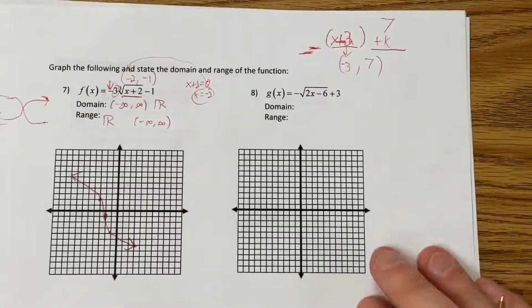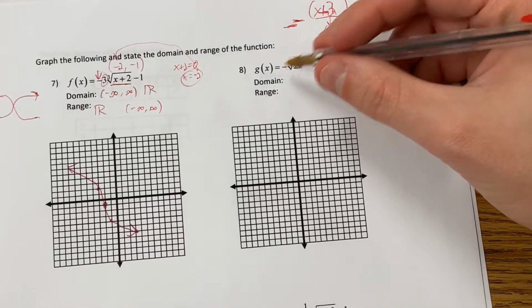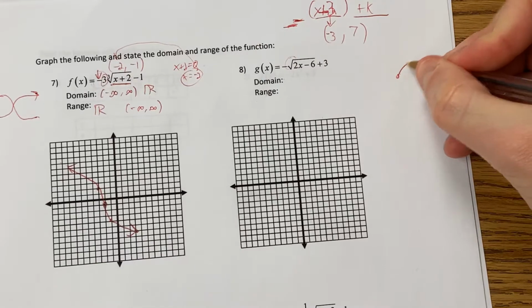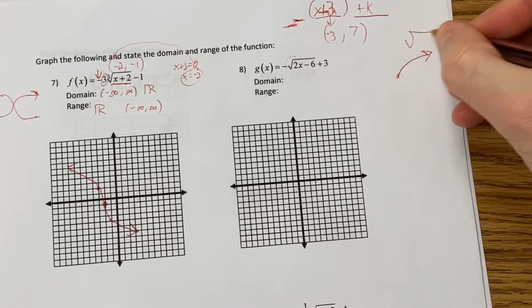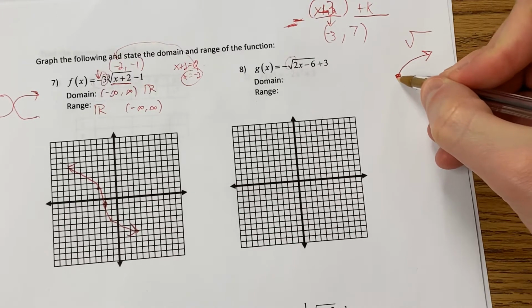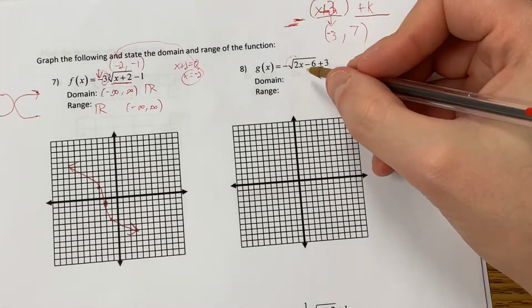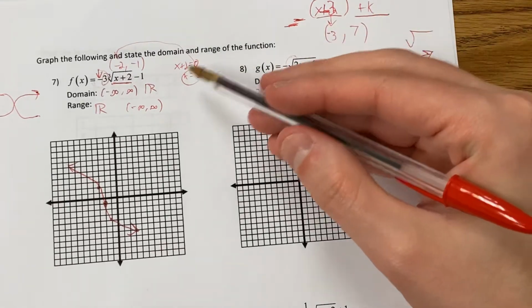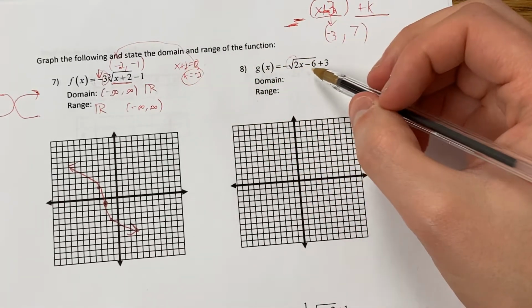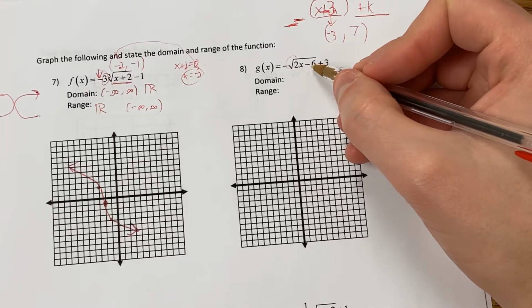Okay. So this one is a square root graph. Square root graphs look like this. So just write that as a note. Square root looks like this, where this is the special point, HK. And this time, you kind of have to go back to what I was saying over here, where it's what makes this 0, because believe it or not, the vertex is not going to be at 6.